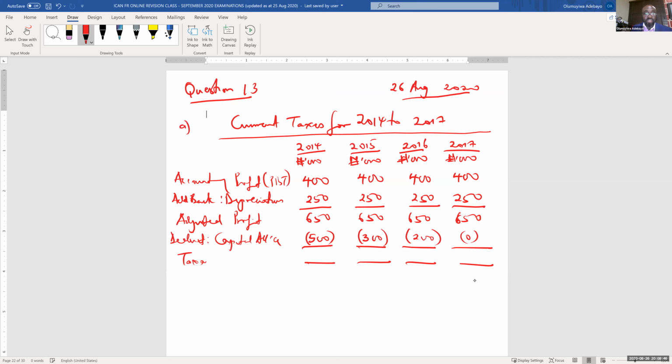Then we are able to obtain our taxable profits: 150 in year 1, 350 in year 2, 450 in year 3, and 650 in year 4.